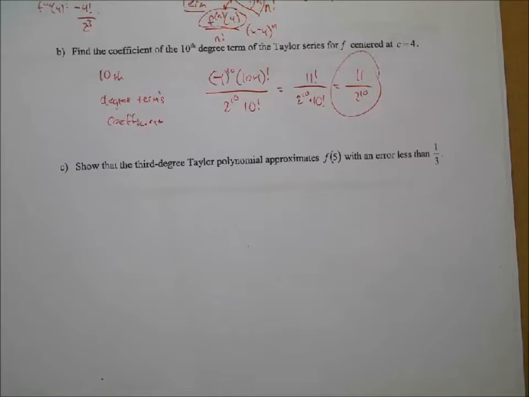So remember, for this maximum error, you're trying to show for that next term. So if we're finding the maximum error of a third degree polynomial, that means our next term is going to be what? 4. So you should get 5/16.